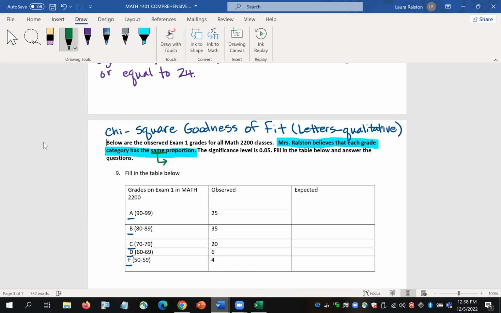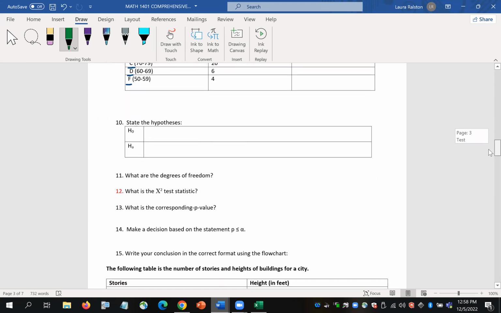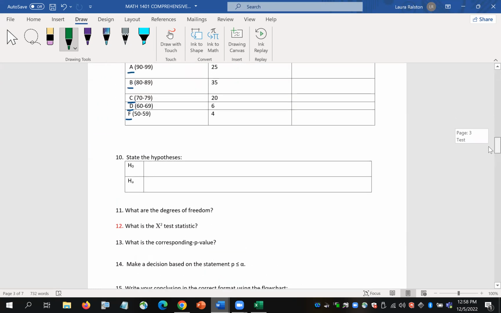I would anticipate the word "same" should make you think equal, which means this statement is the null, because the null hypothesis always and forever must contain the word equal.